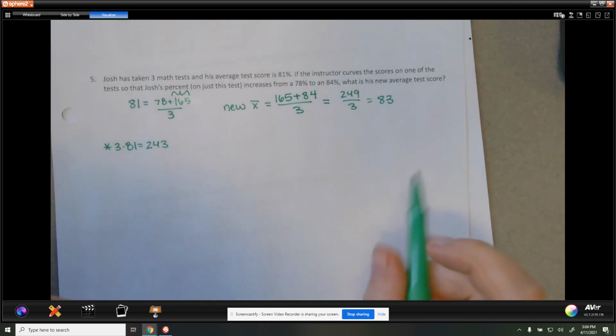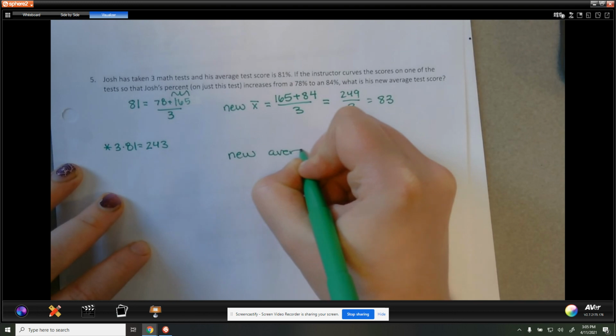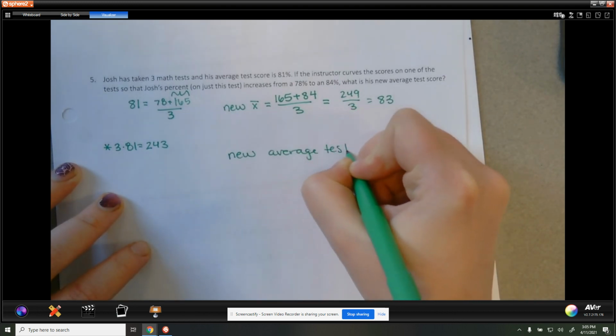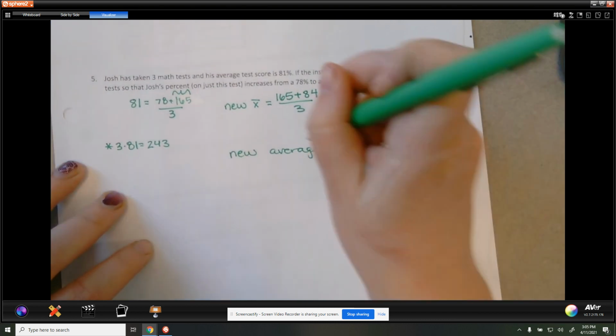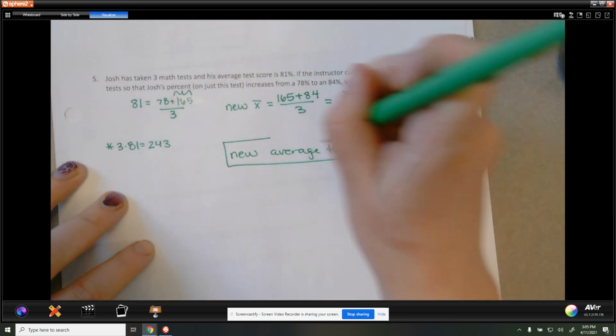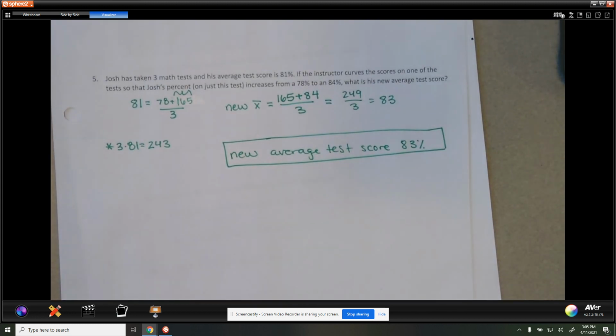So what is the new average test score? The new average test score is 83%. Hooray, there it is, bam. And that is the end of your 4.1, 4.2 homework assignment.